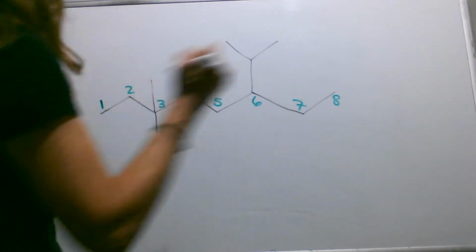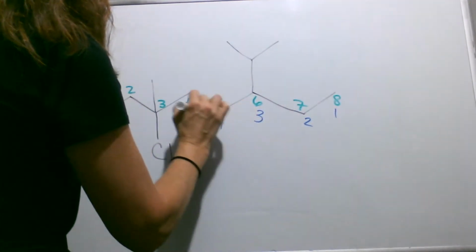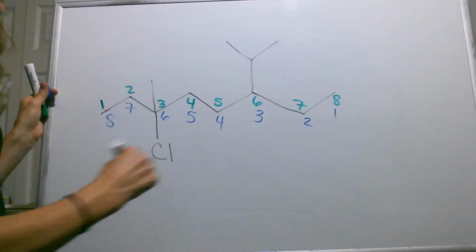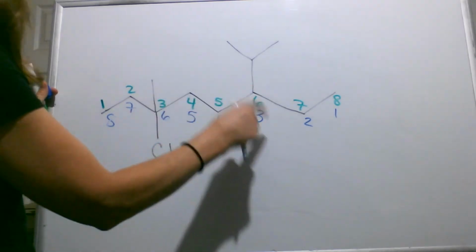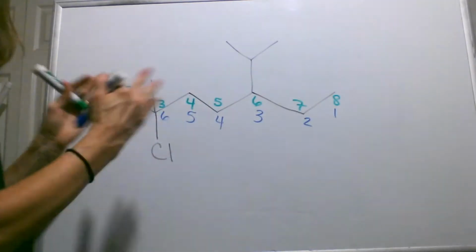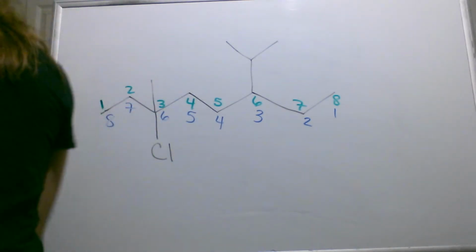If we were to number that same chain in the other direction, those substituents are on 3 and 6. So we either have them on 3 and 6 or 3 and 6. So at this moment it seems like they are essentially equal, but we'll get to whether that is actually the case or not in a little bit.